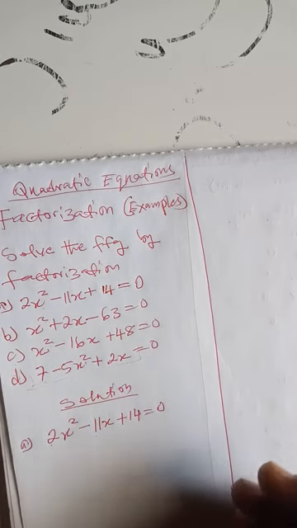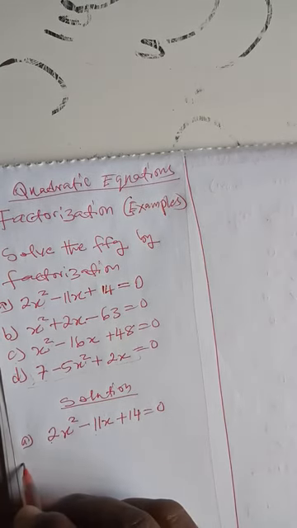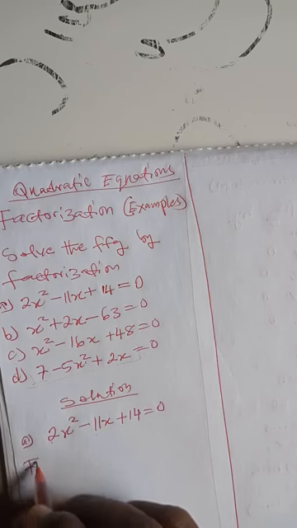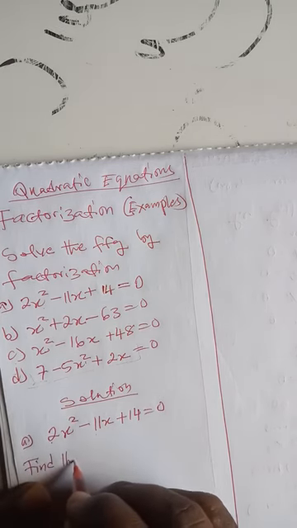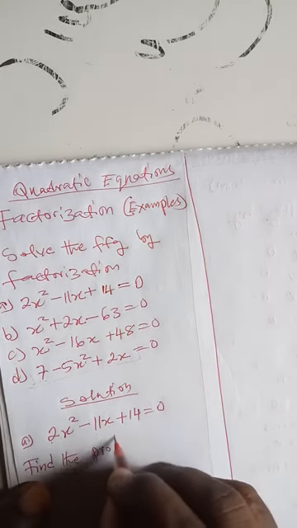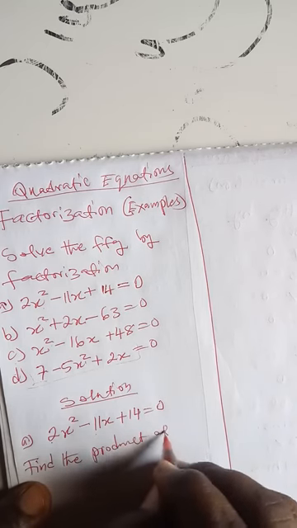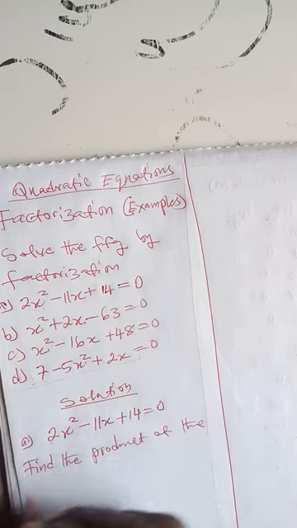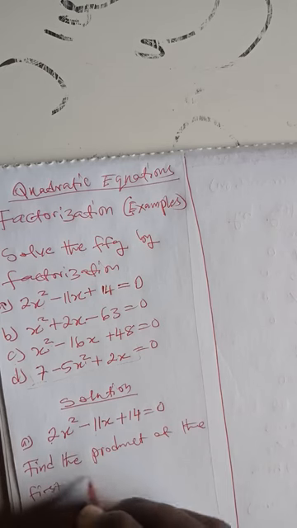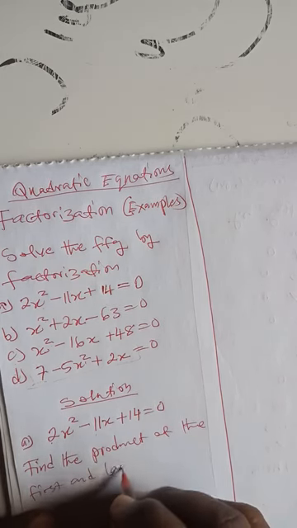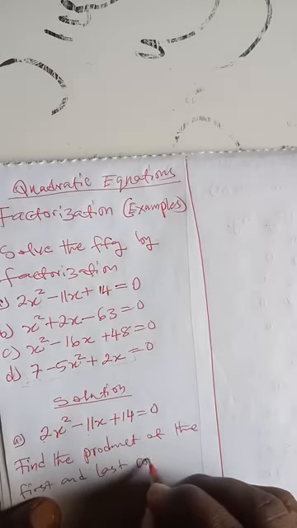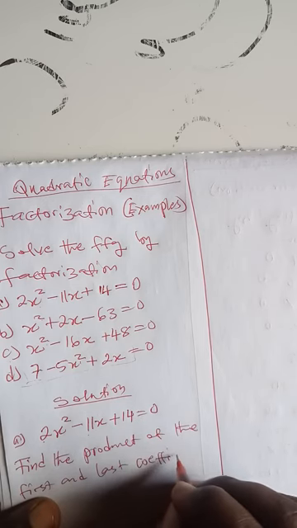So all we're going to be doing is find the product. The first step here is this: find the product of the first and last coefficients.